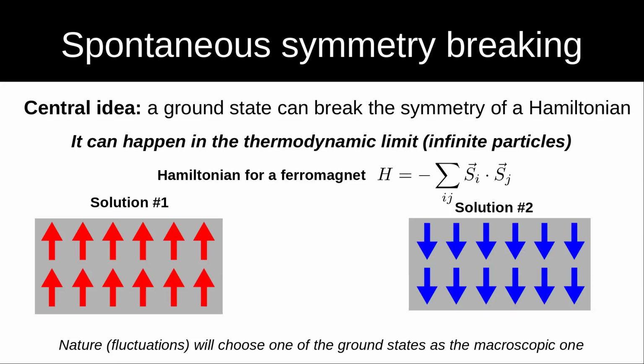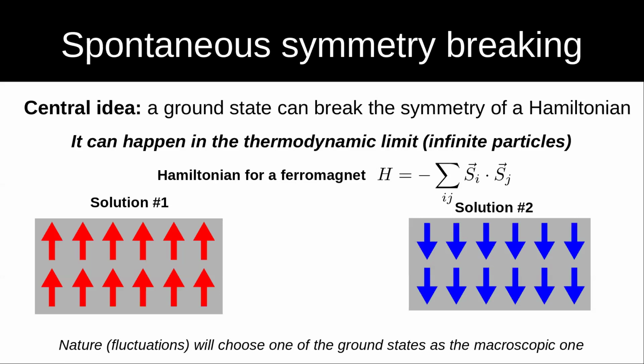But now, if you have a very, very large system with an infinitely large number of particles, then the system is going to make one of these two choices. So it's going to choose all the spins pointing up or all the spins pointing down. And when you make a measurement, you will only see one of those solutions. Your Hamiltonian was originally symmetric. Your Hamiltonian had initially equivalent solutions, but the solution of this Hamiltonian, each one individually, is not symmetric. And this is what spontaneous symmetry breaking means.